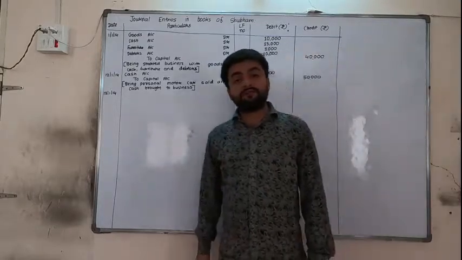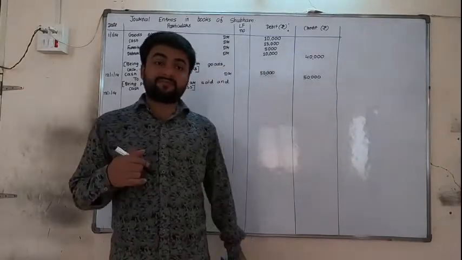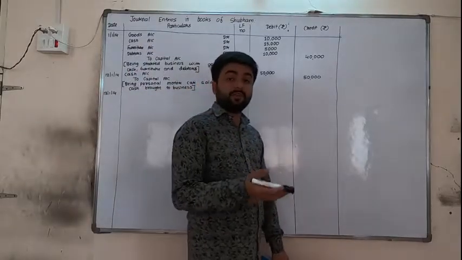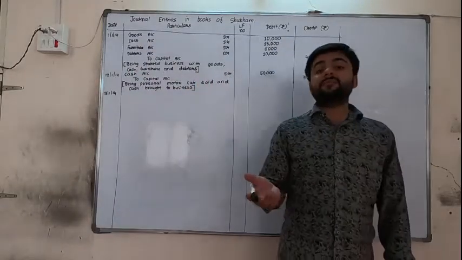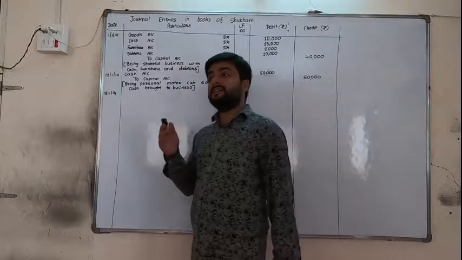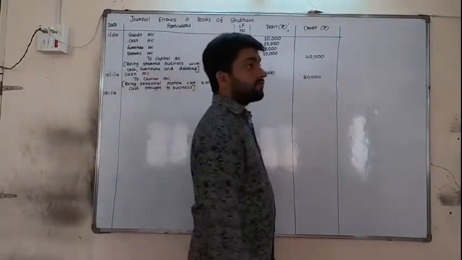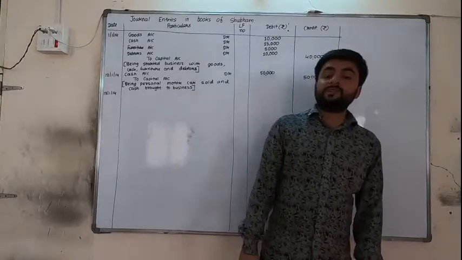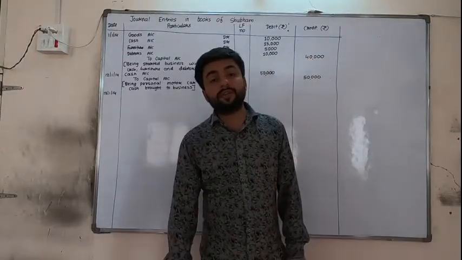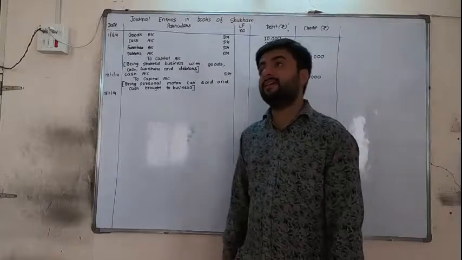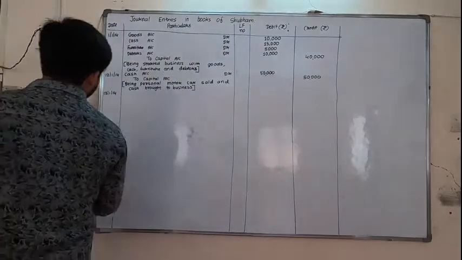Now, if we were withdrawing for the business, then cash would be debited because cash is coming in and bank is the giver. But here they are writing that we are withdrawing for personal use, which is our drawings. So drawings should be debited and bank is the giver for that, so bank should be credited.